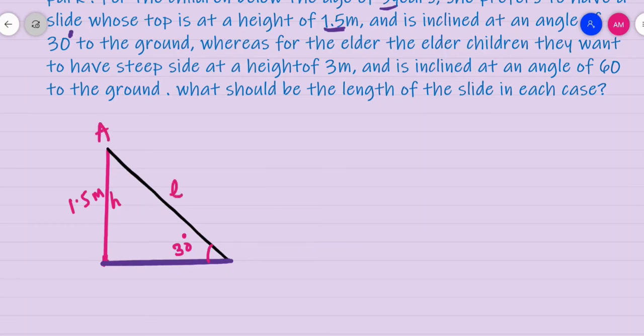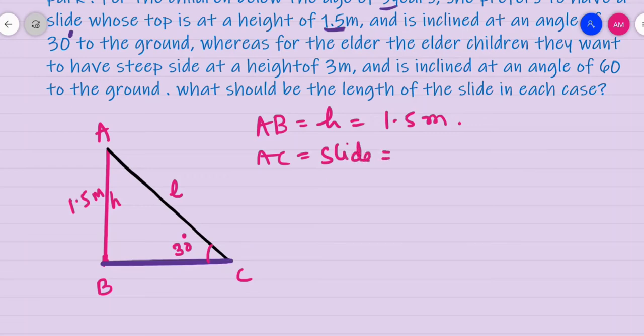So let it be A, B, C. Now here see, AB is the height and that is 1.5 meters. AC is the slide and you don't know the length of the slide.